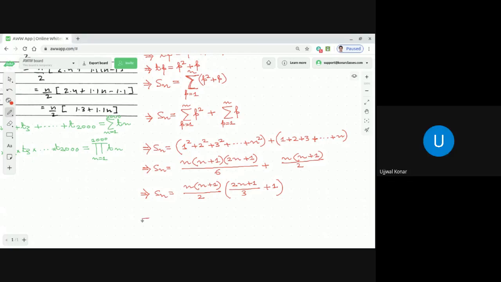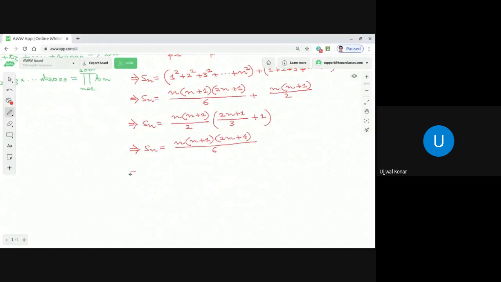So that implies Sn is equal to n into n plus 1 into 2n plus 4 divided by 2 into 3, that is 6. Correct or not? You can simplify a little, and what you get is Sn equal to n into n plus 1 into n plus 2 divided by 3, and that is the answer.